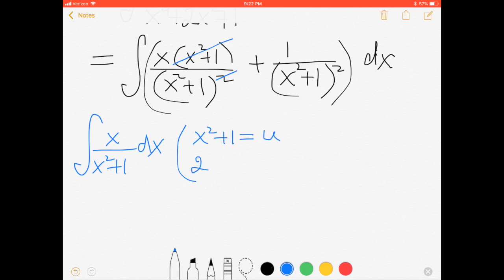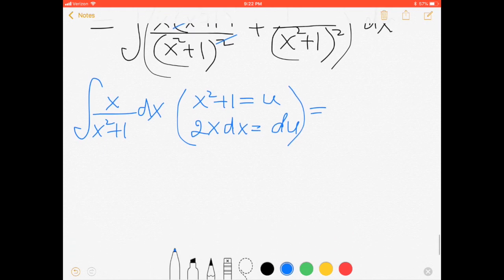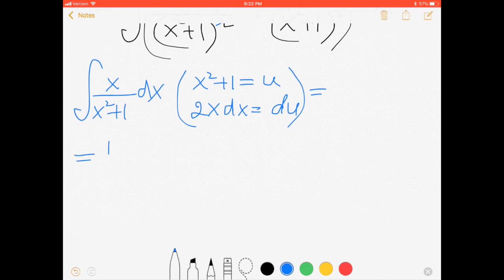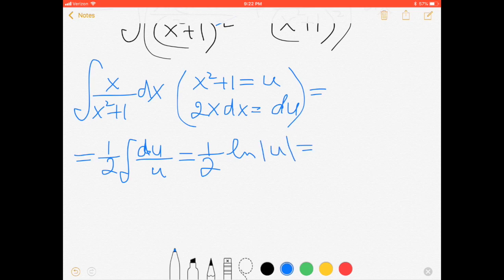Then 2x dx will be du, and here you have 1/2 du over u, which gives you 1/2 natural log of u, that is 1/2 natural log of x squared plus 1. It is always positive, so I don't need any absolute value. Great. You see, we're solving without any trigonometric substitution.